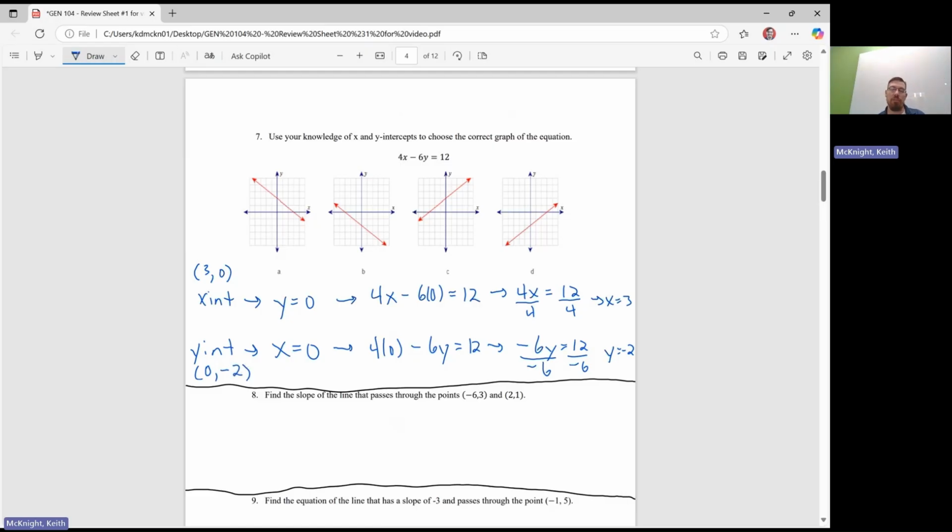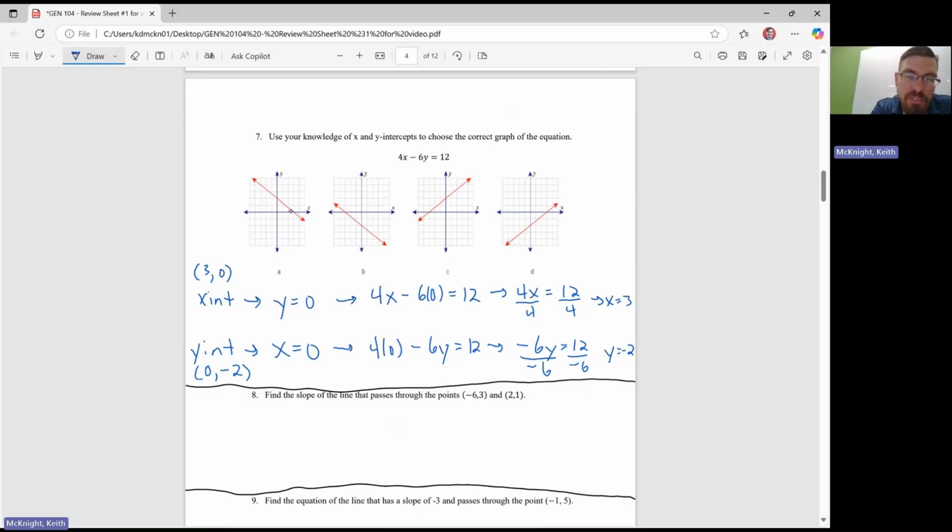Now we're going to go through the graphs, and figure out which one passes through both of these points. Remember, when graphing in a Cartesian plane, x is the horizontal axis, so it's how we move left and right, and y is the up and down movement. We're going to graph (3, 0) and see which of these graphs actually hits that point. If we look at A, (3, 0) means we go 3 to the right of the origin and none up.